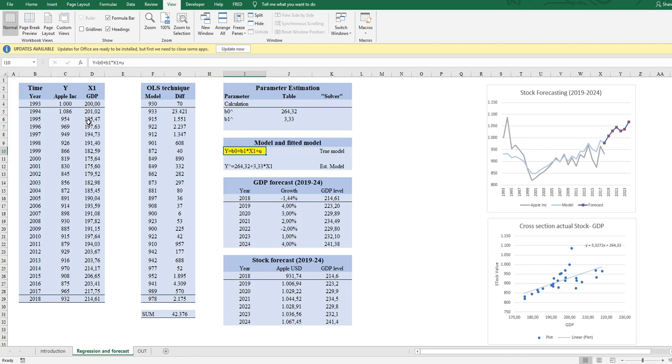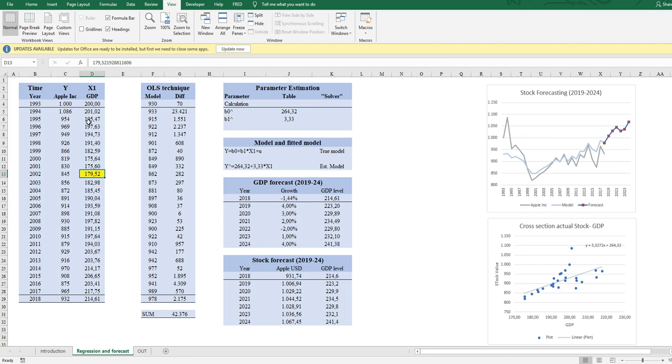This is supposed to be the true model. And then this time series here for Apple and GDP represents a sample from this true model.